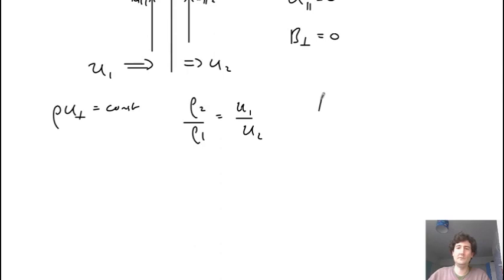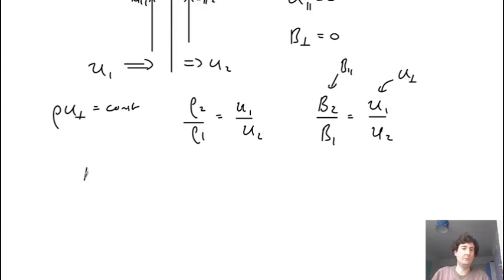And so this gives us that B2 over B1, these are both parallel components, is the same as U1 over U2, where these are both U perpendicular, these are both B parallel. And so therefore, since these are both the same, we have that B2 over B1 is rho 2 over rho 1. And so the magnetic field is increased by the same ratio as the density.